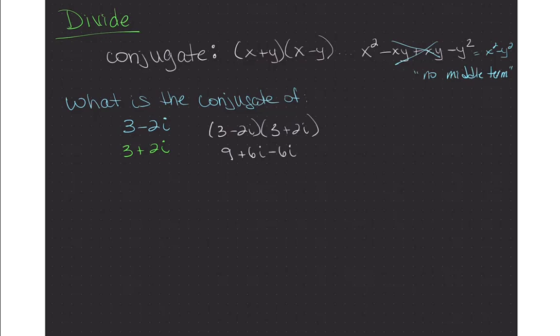And then negative 2i times positive 2i is going to give me negative 4i squared. Now what do I have? 9. My middle terms canceled out. Yes! Minus 4, but what do I know about i squared? i squared is negative 1. So now I have 9 plus 4, which is 13. What? I got a real number. That's crazy.